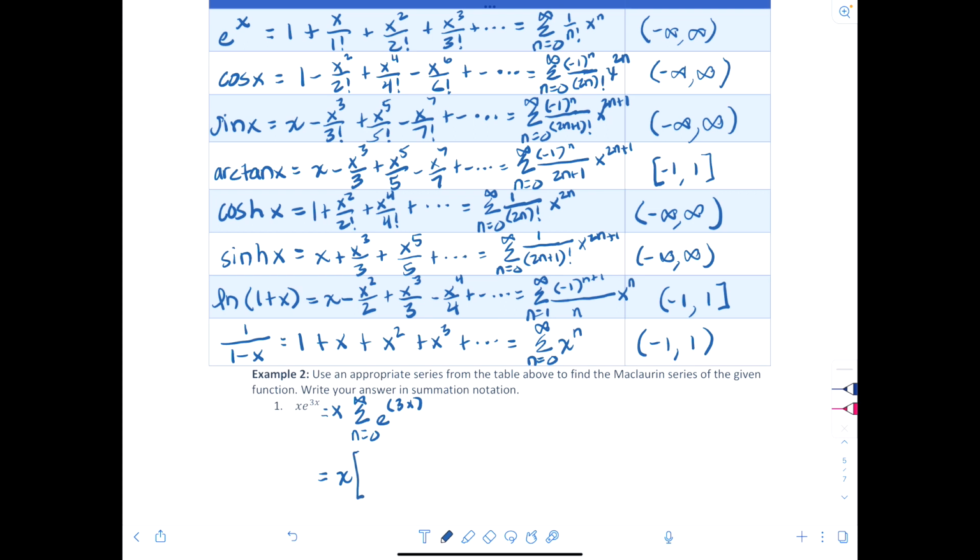Everywhere we see an x in e to the x, we're going to replace it with 3x. So we're going to get 1 plus 3x over 1 factorial plus 3x the quantity squared over 2 factorial plus 3x the quantity cubed over 3 factorial plus dot dot dot. Cool so far?